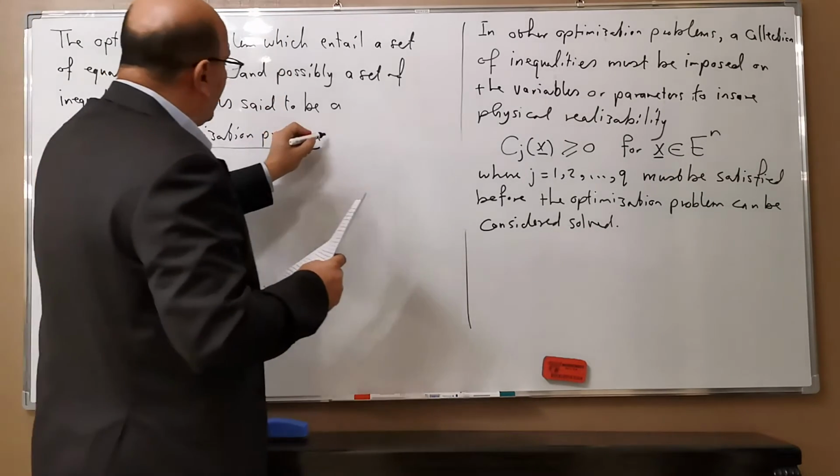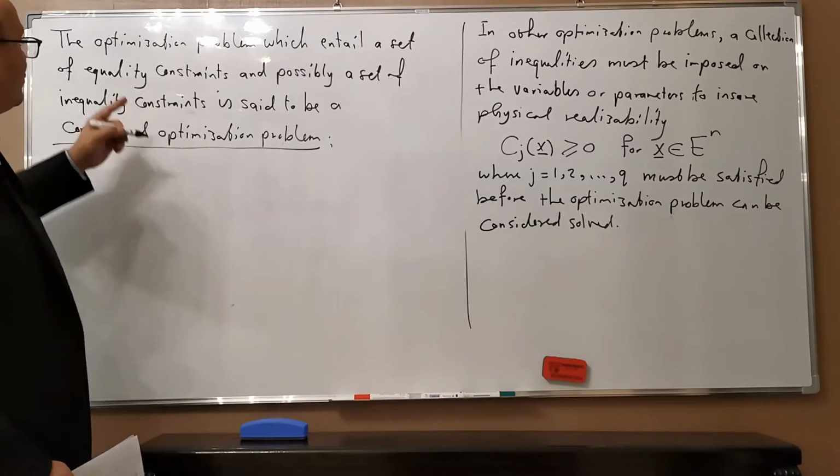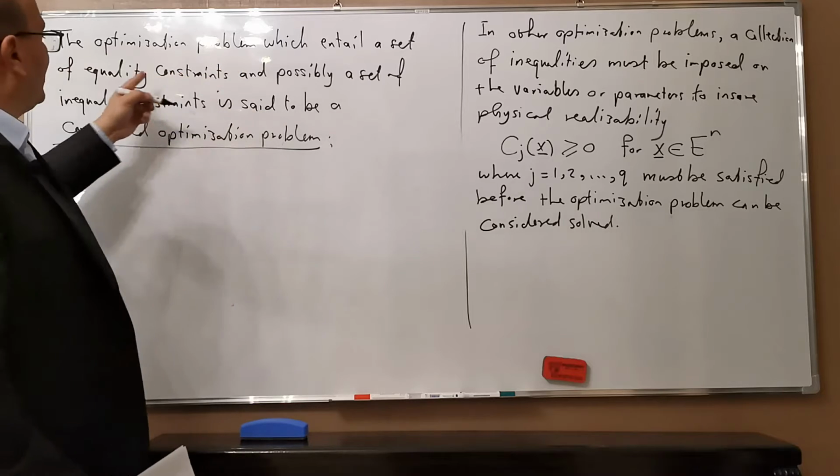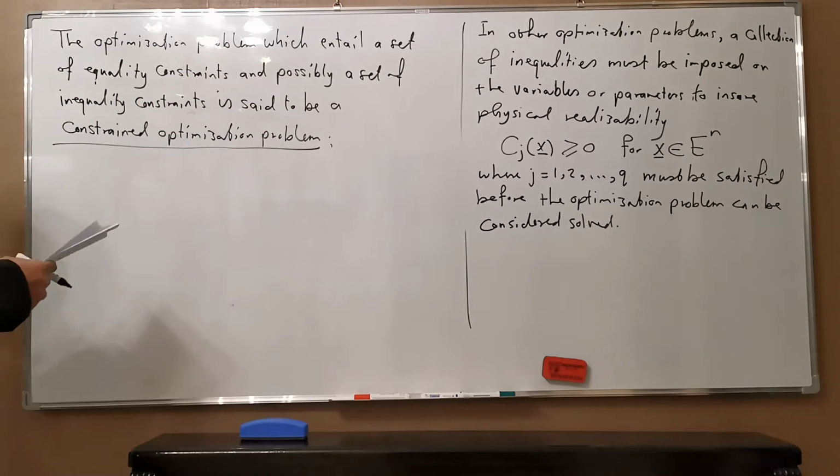So this is the definition of the constraint optimization problem. It's an optimization problem that contains equality constraints and possibly a set of inequality constraints.